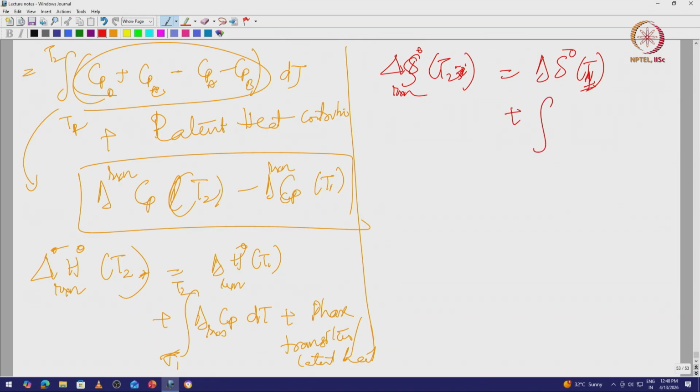Plus integral delta Cp of the reaction by T dt from T1 to T2, plus any sort of phase transition latent heat contributions.